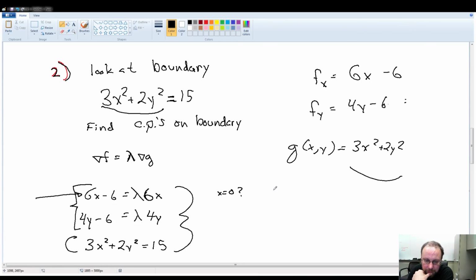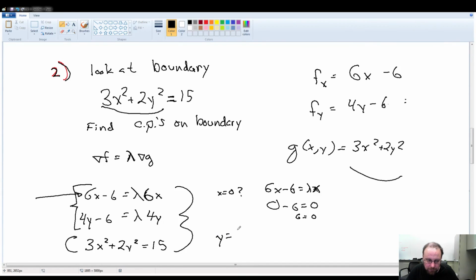Well, if it were, what would happen? If x were 0, you would get 0 minus 6 equals lambda times 0, so 0. Well, you would get that 6 equals 0. So there you go, not possible. So x is not 0.